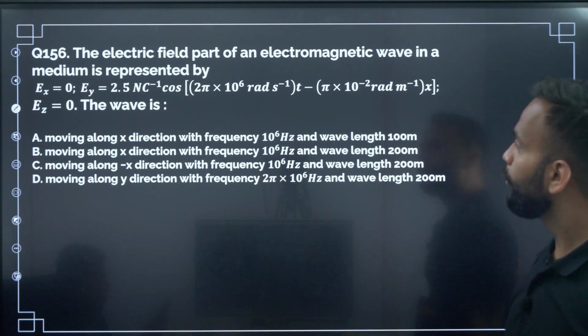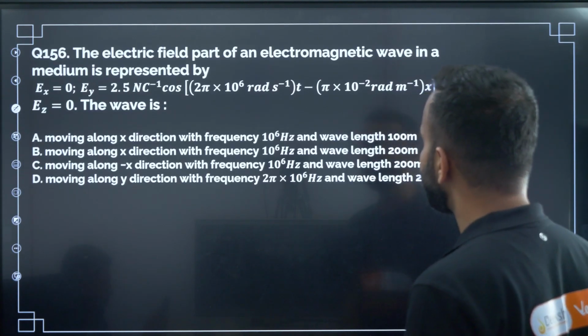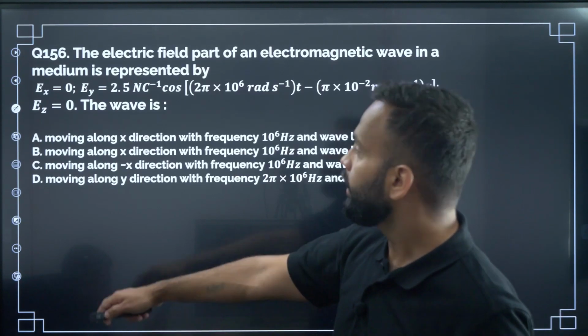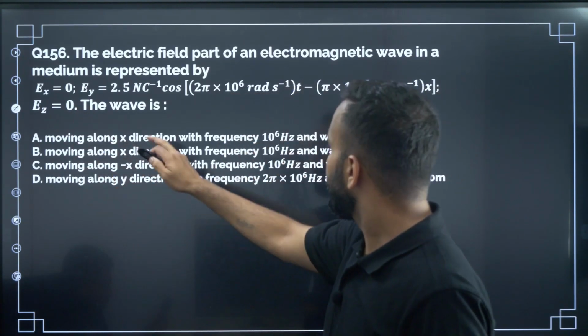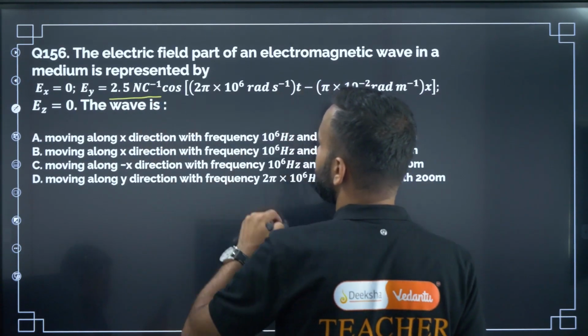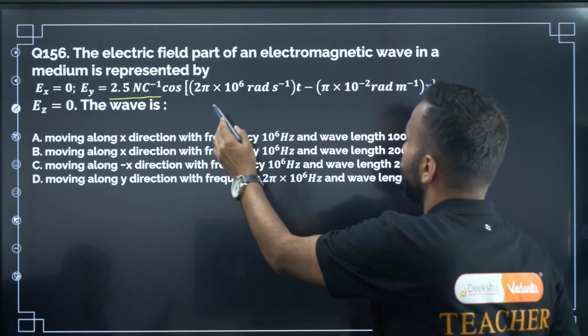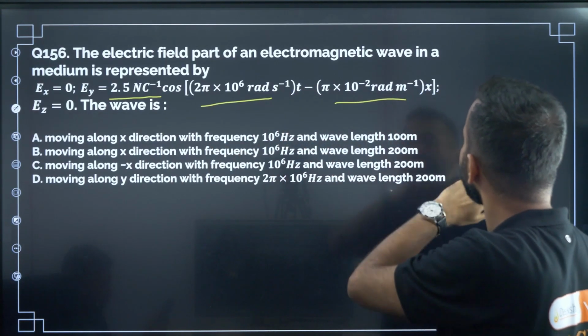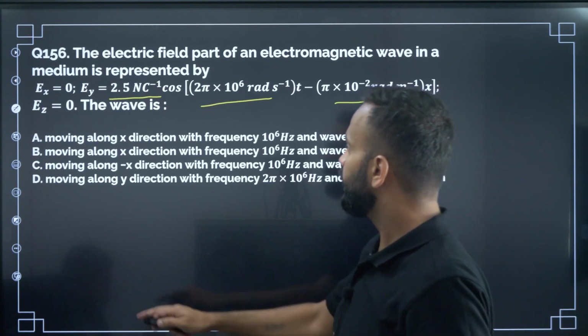Okay, question number 156. The electric field part of an electromagnetic wave in a medium is represented by Ex equal to 0, Ey equal to 2.5 Newton per Coulomb cos of 2 pi into 10 to the power 6 radian per second into t minus pi into 10 to the power minus 2 radian per meter into x, and Ez equal to 0.